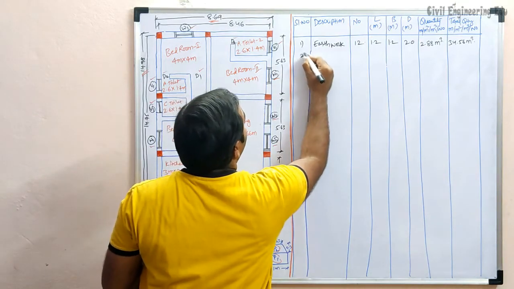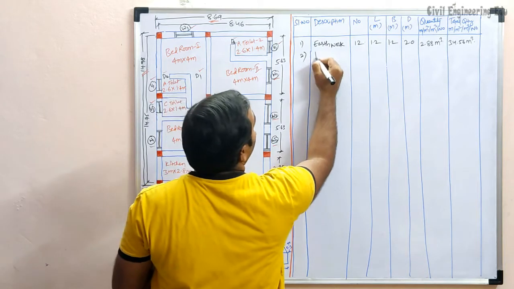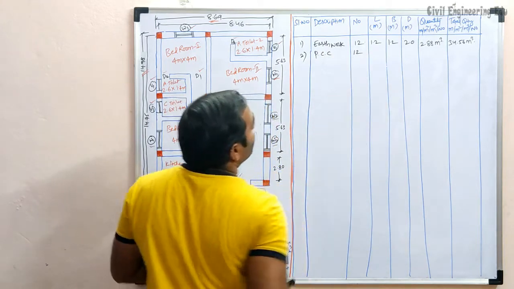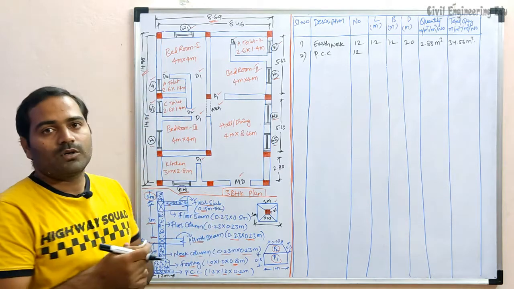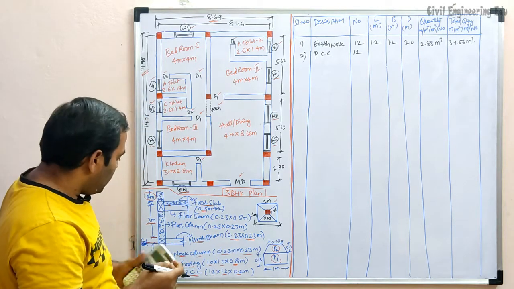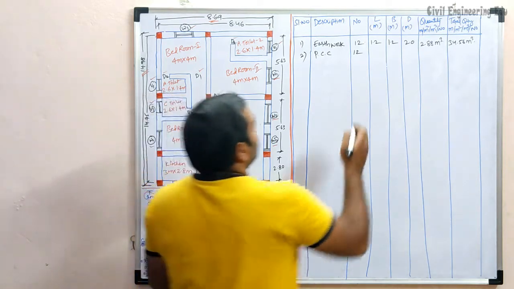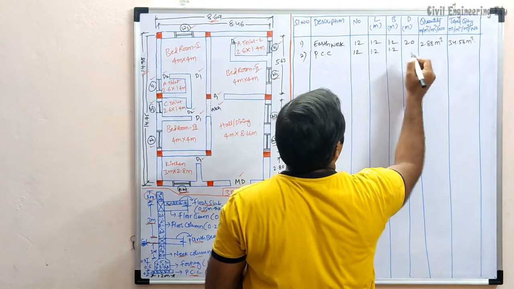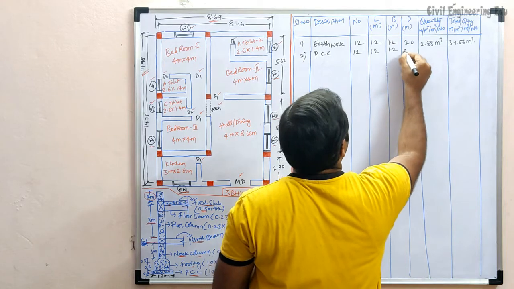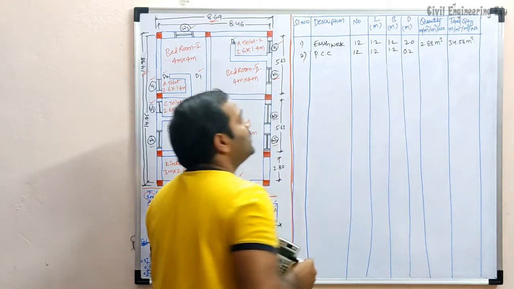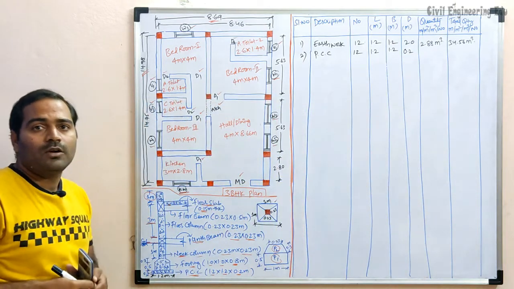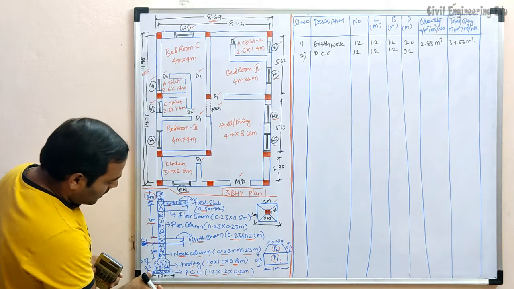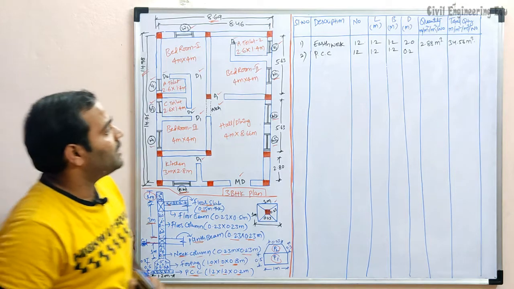Now coming to the second item of work. The second item of work is PCC. There are 12 columns, so the same 12 numbers of PCC will be there. For PCC we have to take the same dimensions as earthwork. And what is the thickness? Here the thickness we need to take is 0.2 meters, that is, 200 mm thick PCC is laid there.